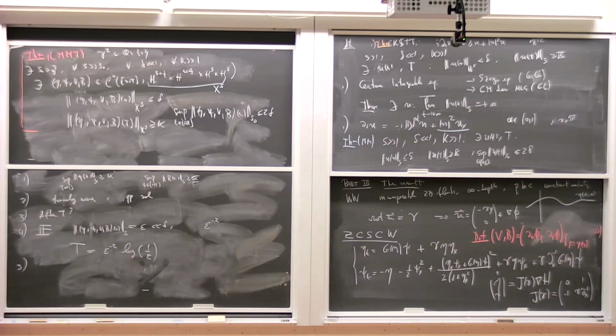So an important role is played by the vorticity. So the fact that gamma squared is in Q minus 0 is a fundamental aspect.